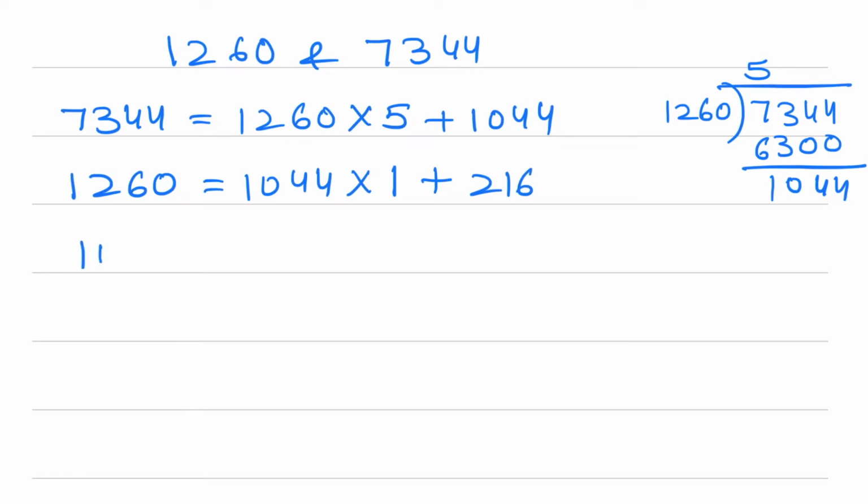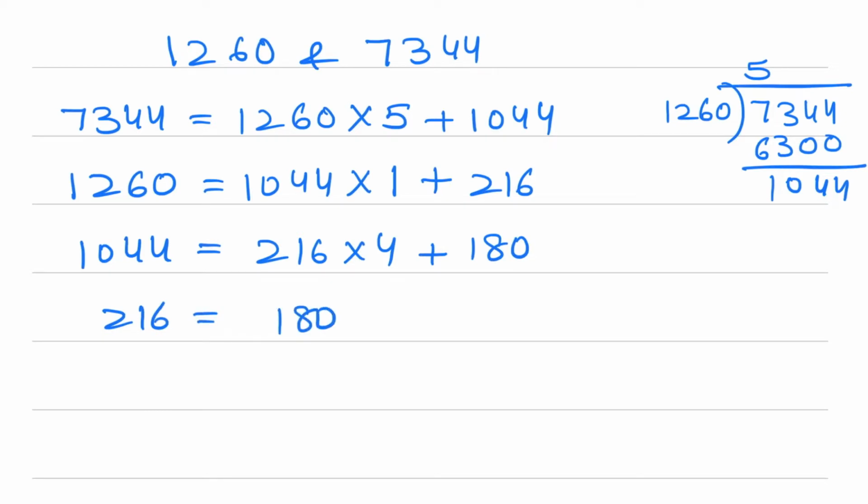Now 1044 is equal to 216 times 4, so 864, plus the remainder 180. Then 216 is equal to 180 into 1 plus 36. Then 180 is equal to 36 multiplied by 5 plus 0.